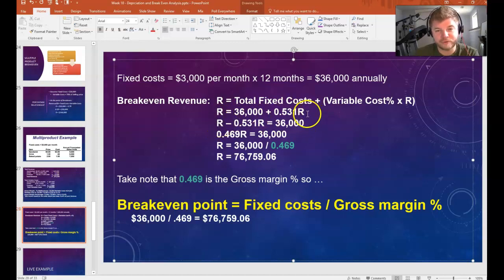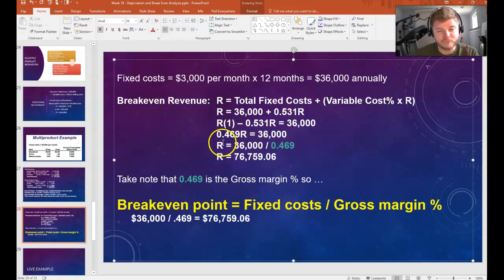Now revenue, so we're just going to move this over to the other side. Revenue minus 0.53R equals 36,000. Therefore, so when I do this, we're understanding that revenue is 1. So basically I'm saying 1 minus 0.53 equals 0.469. So what's the remaining left after our variable cost? So 0.469R equals 36,000.